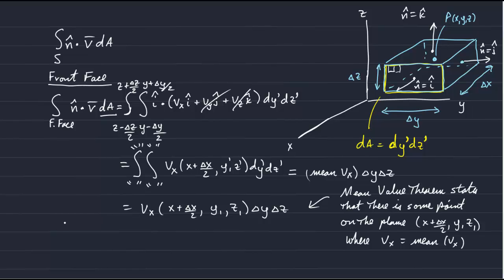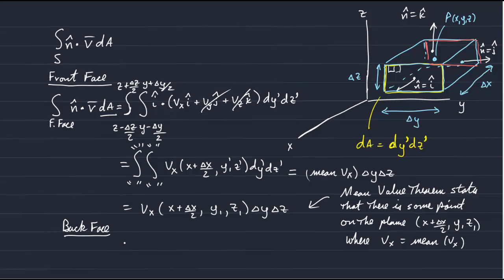Okay, on the back face, and by the back face I mean this face at point x minus delta x over 2, the integral is equal to minus Vx at x minus delta x over 2. Yeah, I better write out that integral.